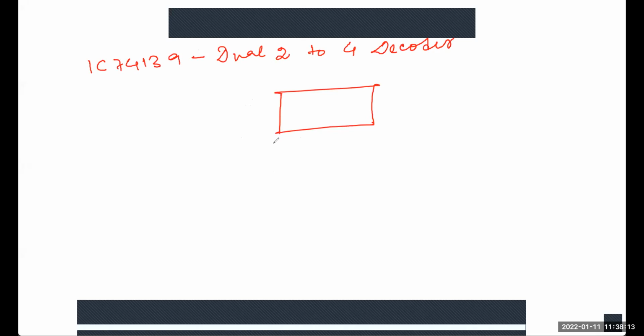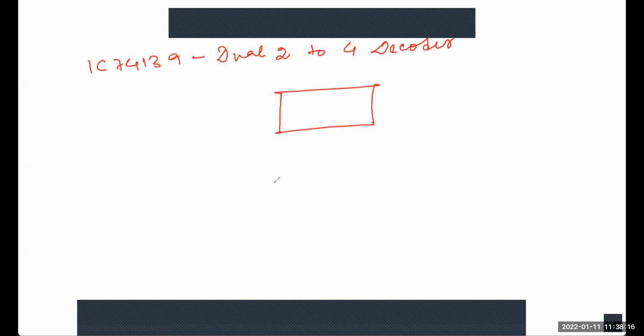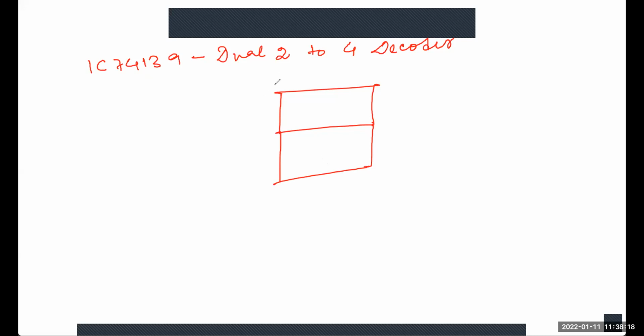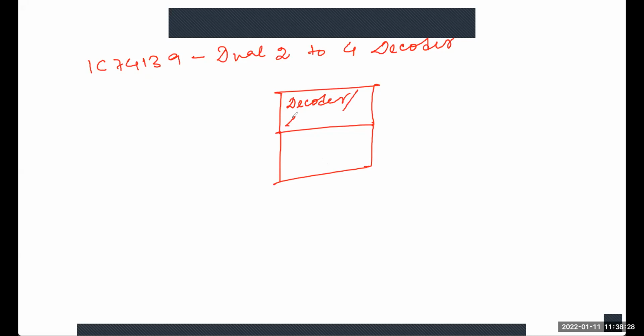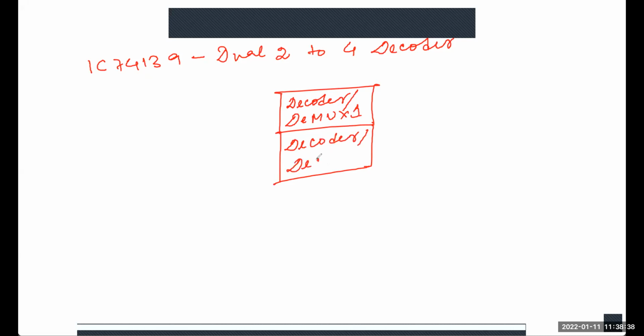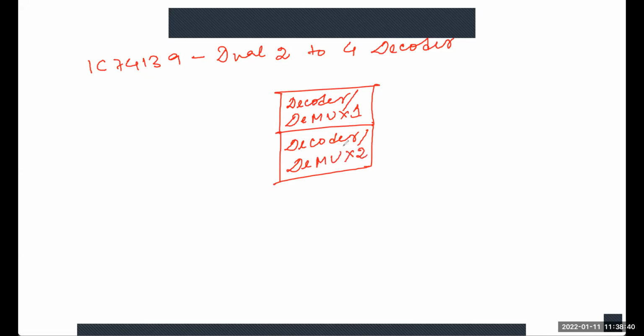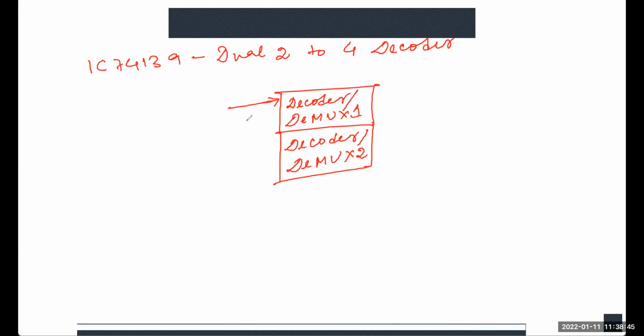Suppose this is one decoder, DMUX 1, and this is another decoder, DMUX 2. First I am drawing here, then I will explain.